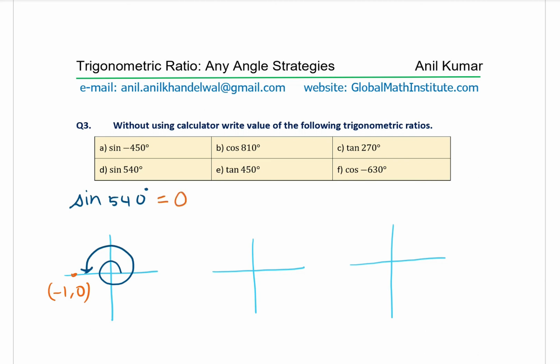Whenever you're looking into sine, it is the y value. Clear? The next one here is tan of 450 degrees. So 450 degrees is 360 plus 90. Now at this stage, the point here on a unit circle could be 0 and 1. Tan value is the ratio 1 over 0. So the answer here is undefined.